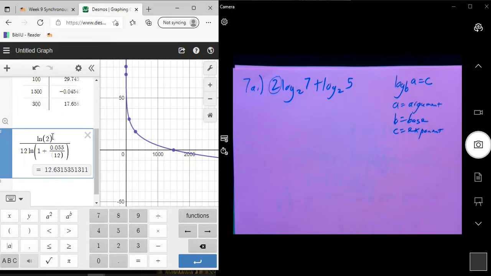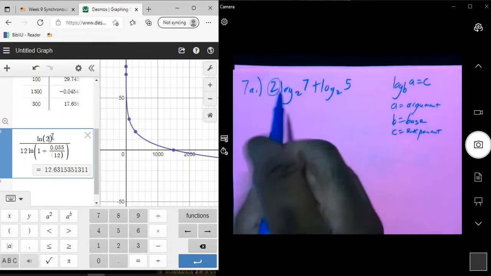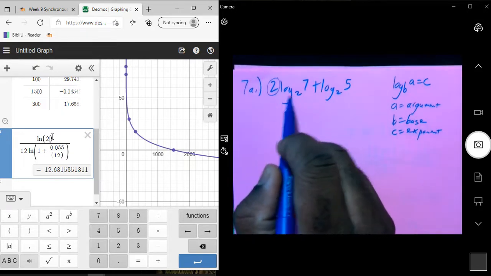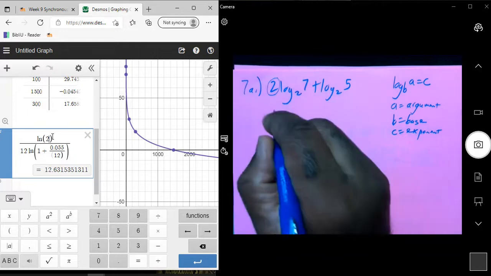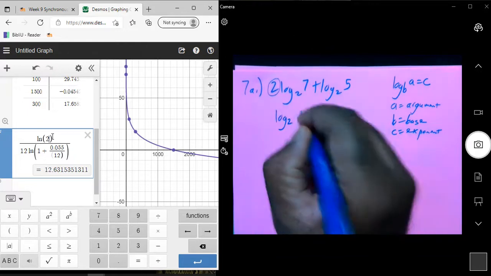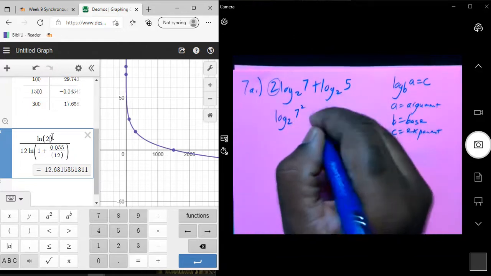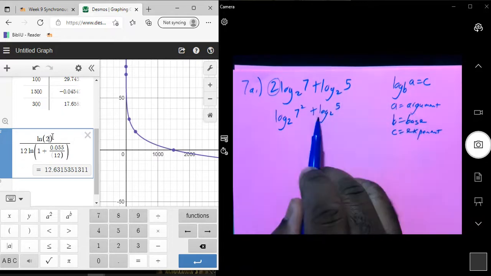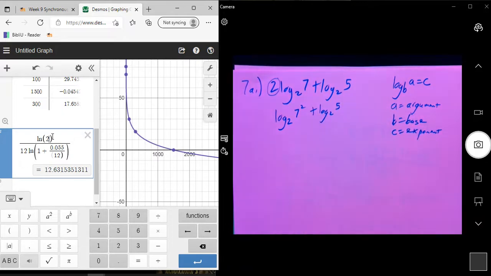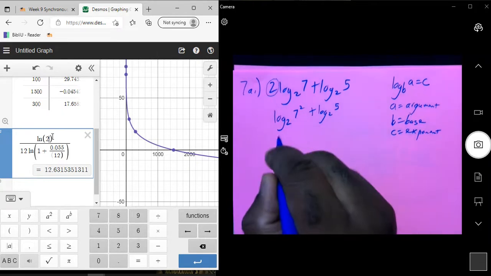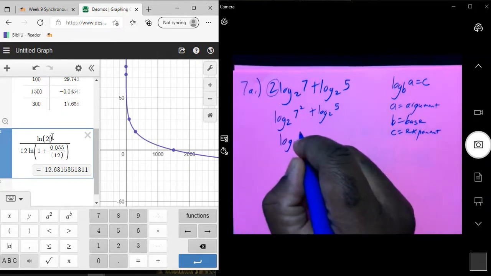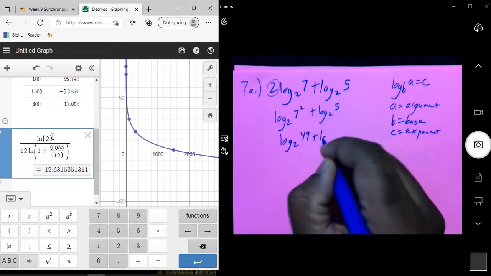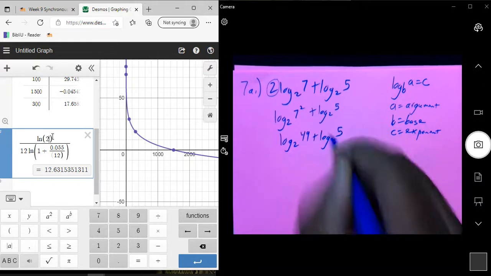All right, so when you have a number multiplied to a log, it becomes the exponent of the argument. So it'll be log base 2 of 7 squared plus log base 2 of 5. Since there's no number multiplying this log, you do not make it the exponent of the argument. So this becomes log base 2 of 49 plus log base 2 of 5.